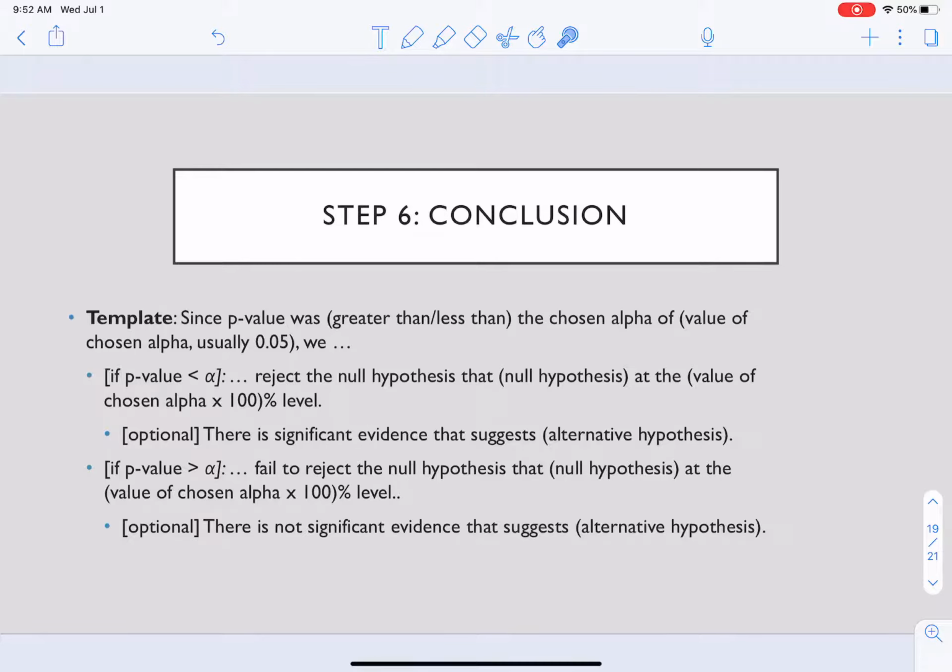If we go on the other end, though, since the p-value was greater than our chosen alpha of 0.05, we failed to reject the null hypothesis that brown thrashers make up 38% of the birds of northeastern Wyoming at the 5% level. There is, and this is the English bit, not enough or not significant evidence that suggests otherwise, that it's 34%.